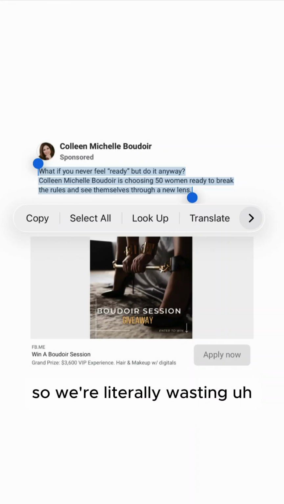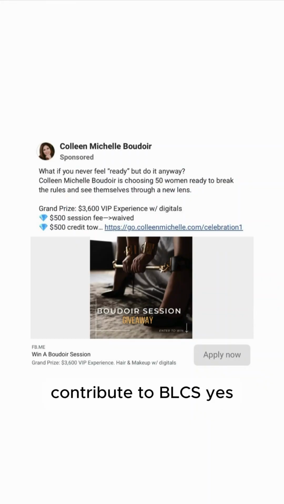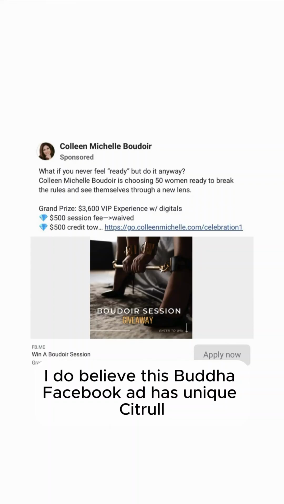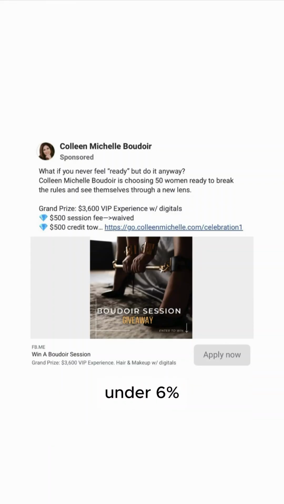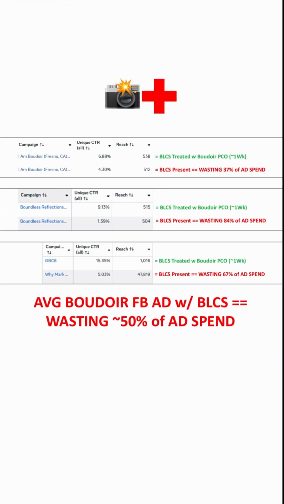So we're literally wasting all that ad spend. So looking at these 3 things that contribute to BLCS, yes, I do believe this boudoir Facebook ad has a unique CTR under 6%. Therefore, yes, I do believe it has BLCS, aka boudoir low click syndrome.